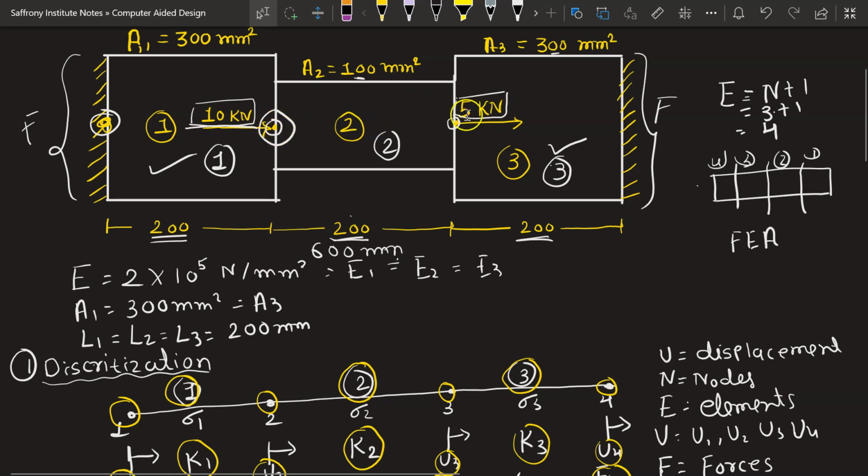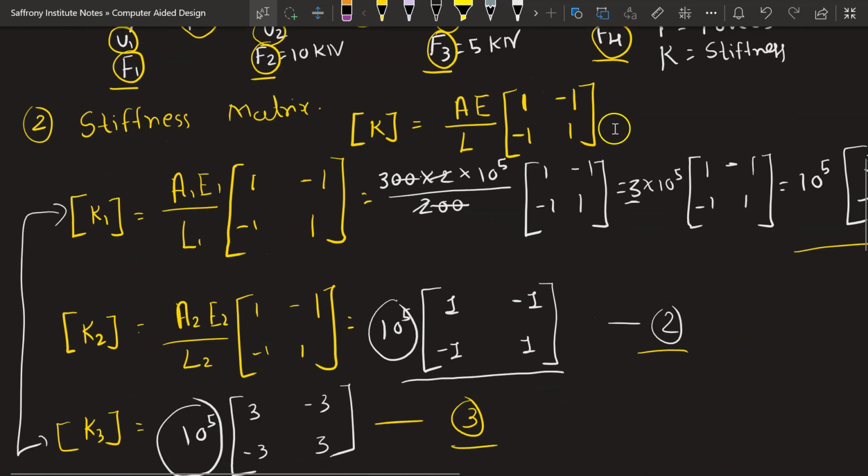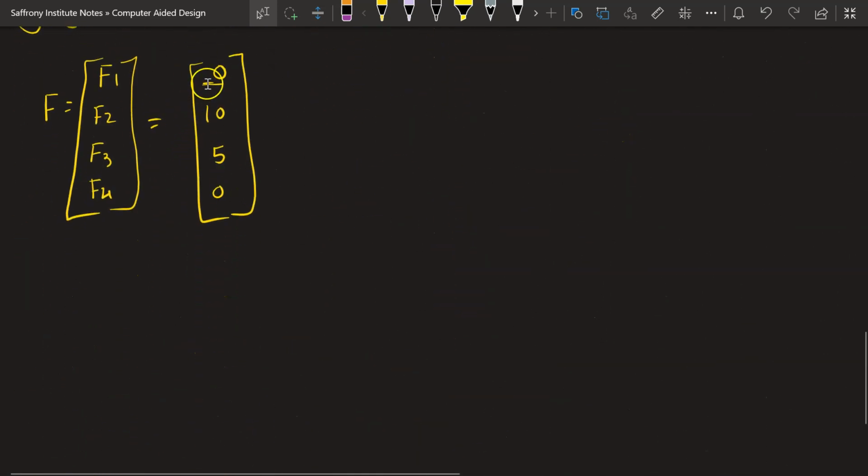F3, we put the value as 5 kN because it's numerical, and F4 was a fixed point. So it will be 0. So see, 0, 10, 5 and 0. So this will be the same matrix for us, and the multiplication is 10 raised to 3 because it is in kilonewton.